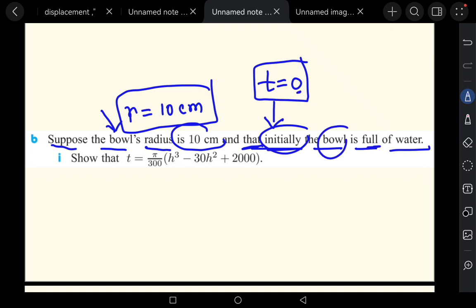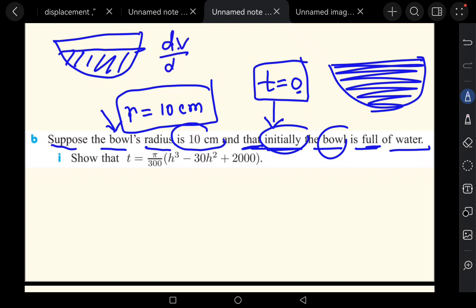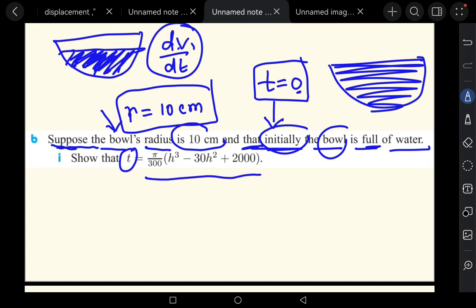The ball is full of water. If it's reducing, it's going to be this, because it's already in the differential equation. That's the meaning of the rate of change. And from this statement, the question asks to show the time is equal to this. All right, let's do it.